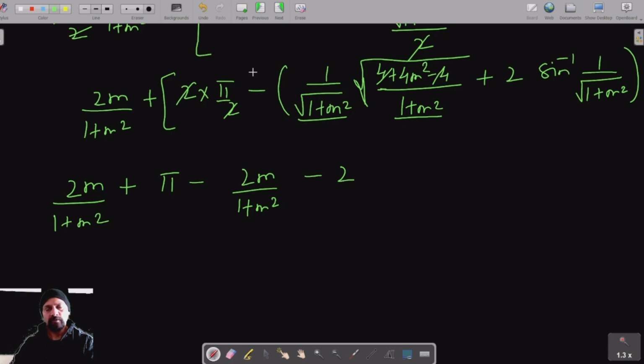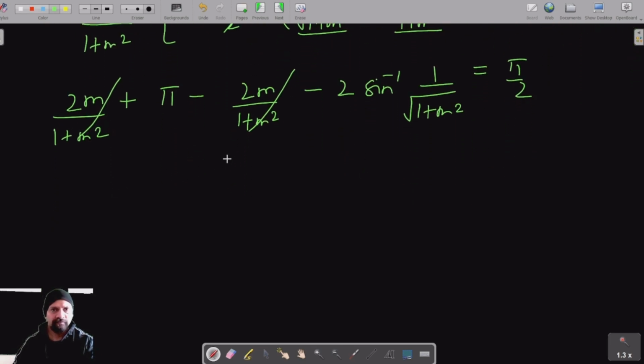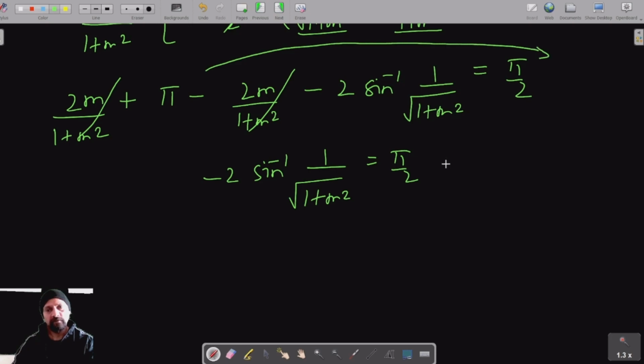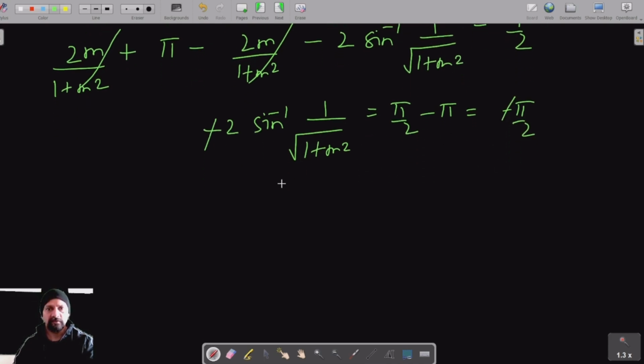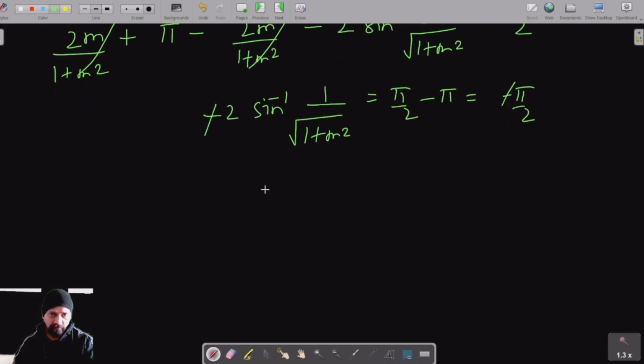We have opened up the bracket, so this is now minus 2 sine inverse 1 upon root of 1 plus m square, which is equal to pi by 2. Now these terms get cancelled, and finally we have minus 2 sine inverse 1 upon under root of 1 plus m square, which is equal to pi by 2. Let's shift pi to this side. So this is pi, and this is now minus pi by 2. So minus and minus gets cancelled.